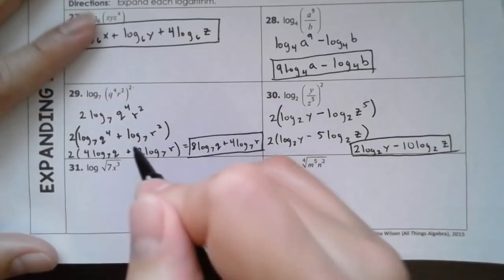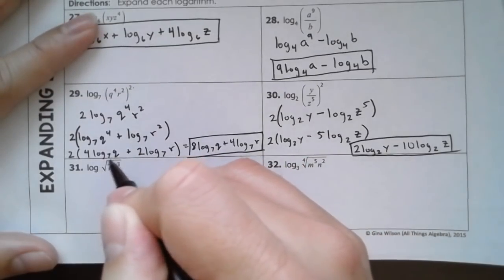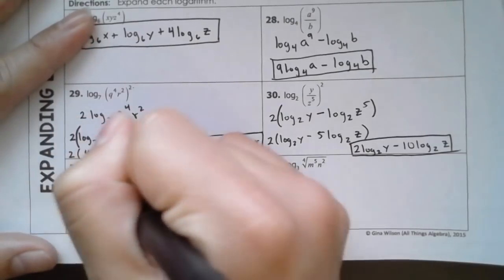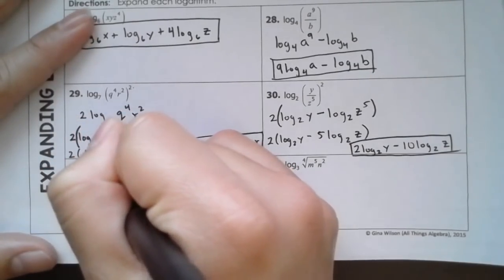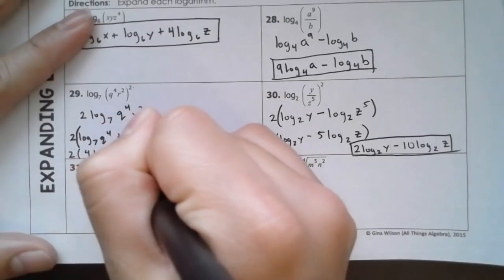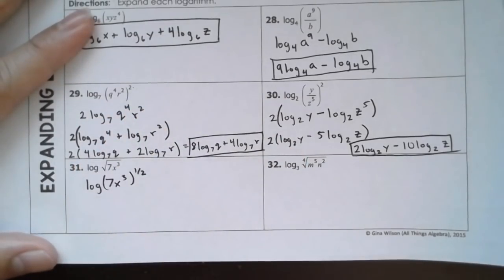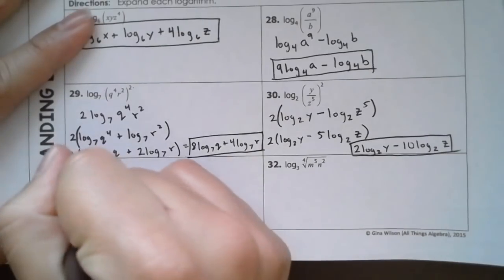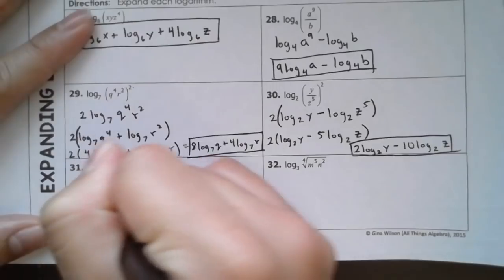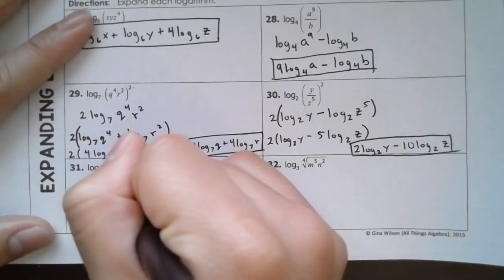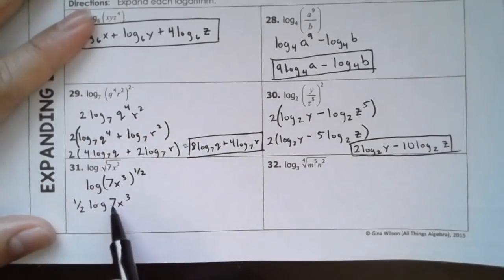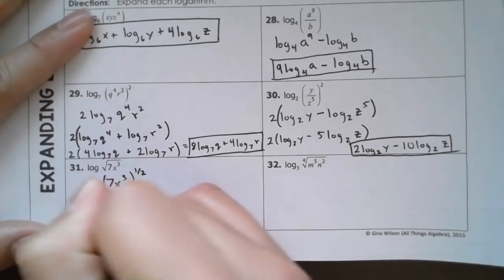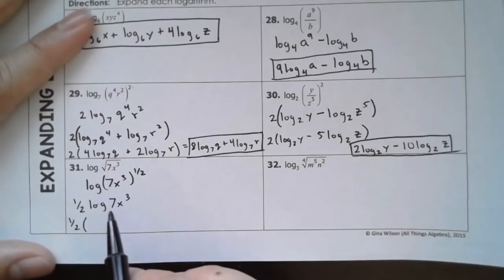Almost there. Right here I can rewrite the square root of 7x to the 3rd as log of 7x to the 3rd to the 1/2, right, because that represents square root. Now I can move this exponent over to the front, so I have a half of log of 7x to the 3rd. This is a product of 7 times x to the 3rd, so I can make that into a sum of 2 logs.